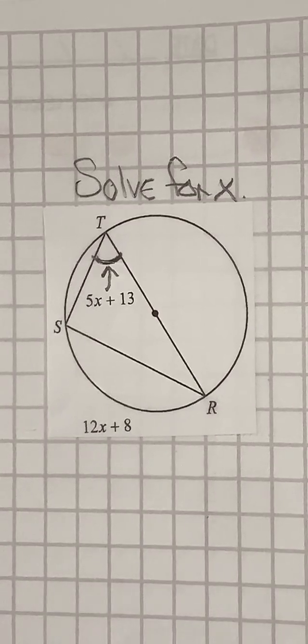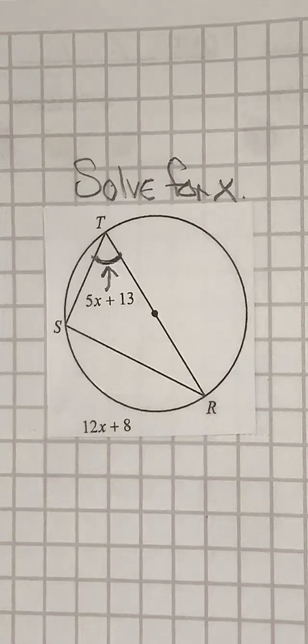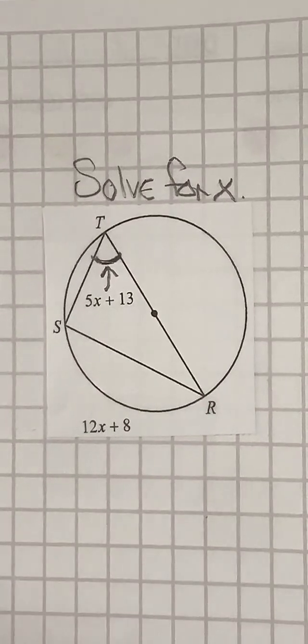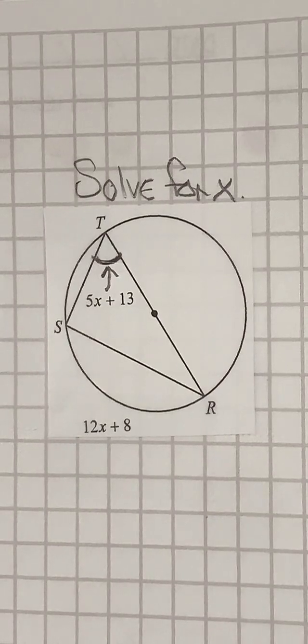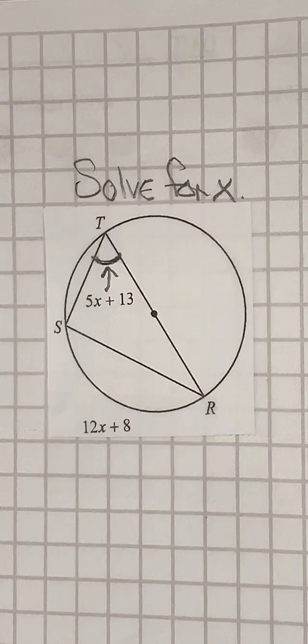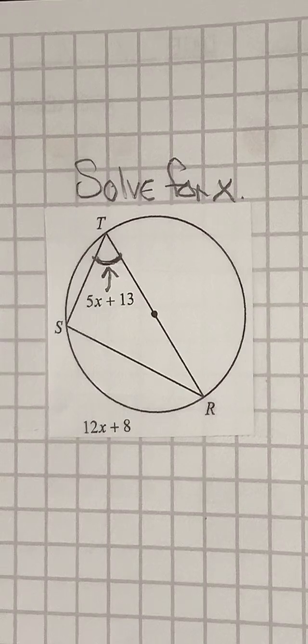I can even sit here and say, oh yeah, that looks like a triangle. But with geometry, you have to prove it. You can't trust your eyes when it comes to geometry. I know, it's crazy, but here we are. It's all about the numbers. Okay. All right. How would I set this up?